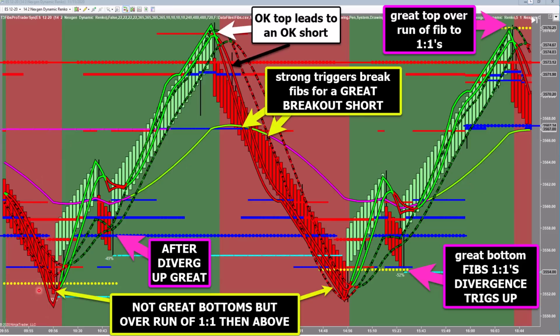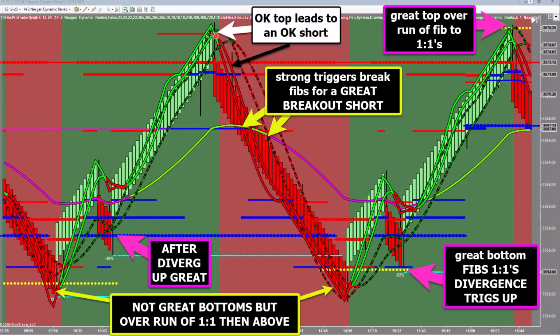But as you work your way from the left side of the chart going forward, it becomes very obvious. Initially, not a great bottom, followed by a great bottom with divergence from fibs, followed by a really nice move to the upside. So find your long trades in there.